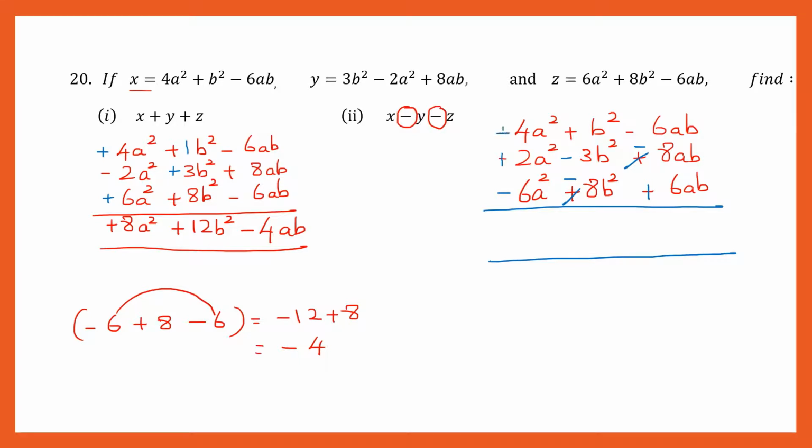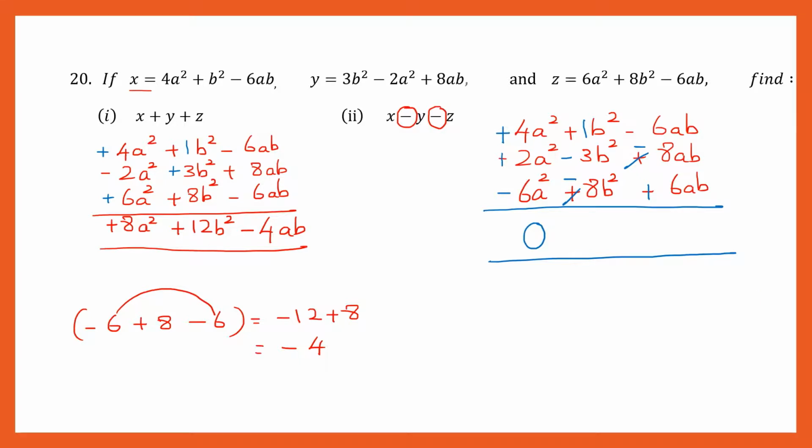So this is plus, let me put 1 here, plus 4 plus 2 minus 6. Add up the numbers with the same sign. Plus 4 and plus 2 is plus 6 minus 6, which is equal to 0. So this is 0.